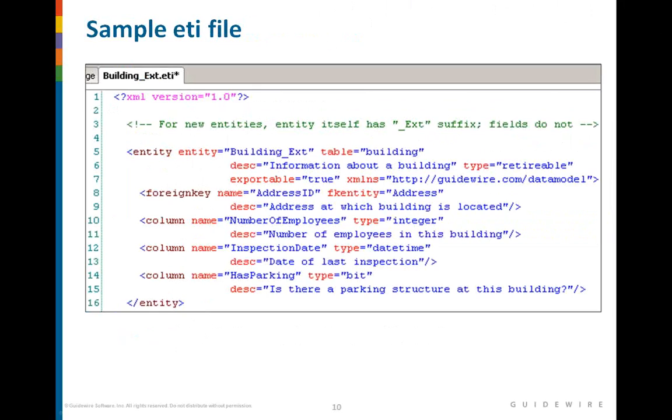And whether this building has a parking facility or not is captured with the help of the has parking column, which is of type bit. Bit means boolean value, and then the entity tag is closed. So it completely defines an entity and creates a real-time business object which will be used during runtime.